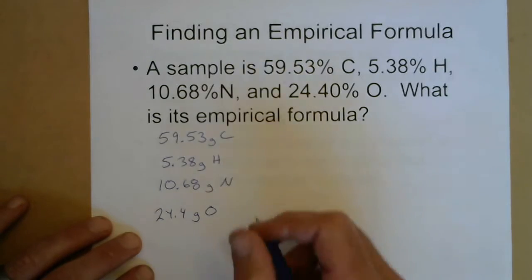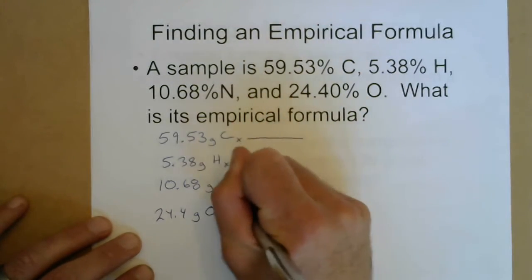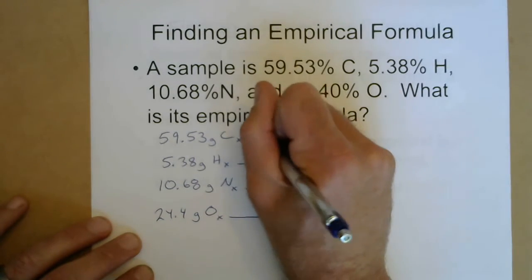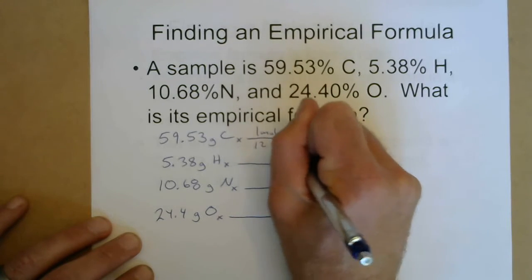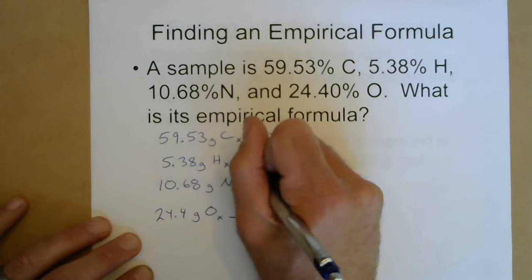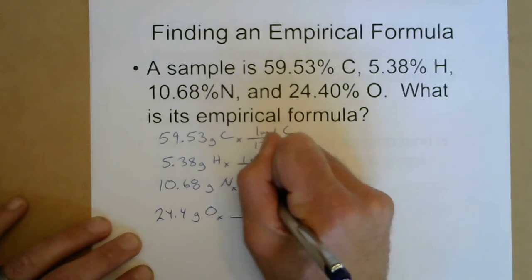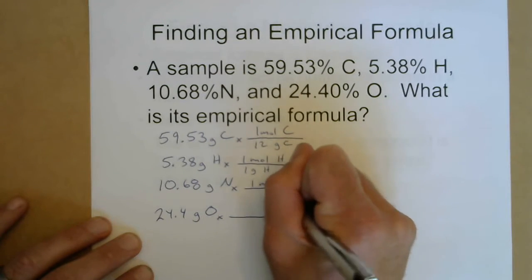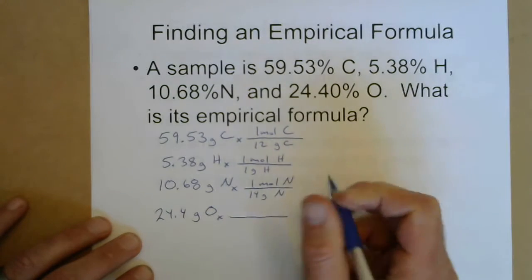All right, and just like before, when I have grams, I need to convert those all into moles because an empirical formula is a mole ratio. So I'm going to use the molar masses here. So we'll do 1 mole of carbon is equal to 12 grams of carbon. For hydrogen, 1 mole of hydrogen is 1 gram of hydrogen. For nitrogen, 1 mole of nitrogen is 14 grams of nitrogen.